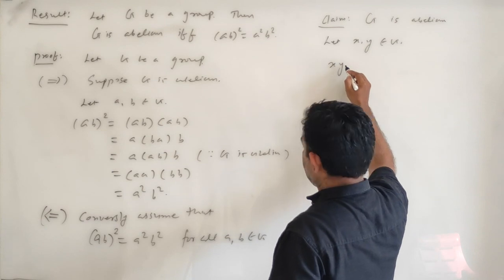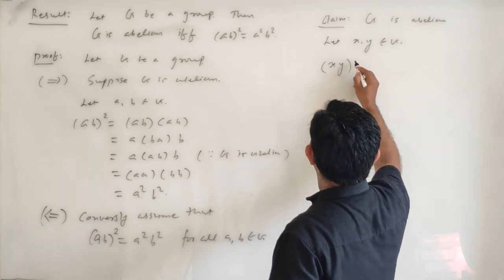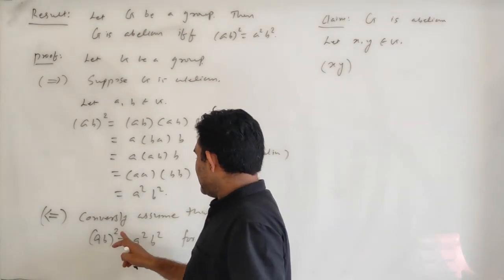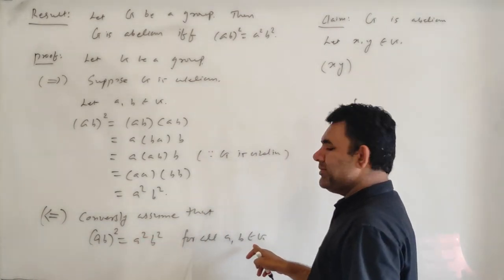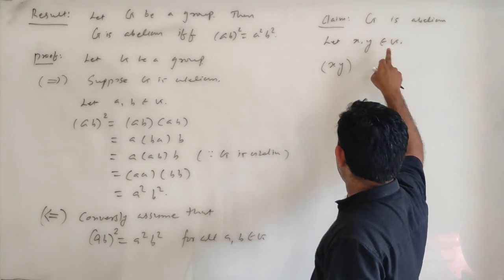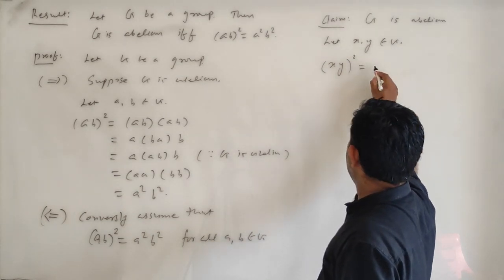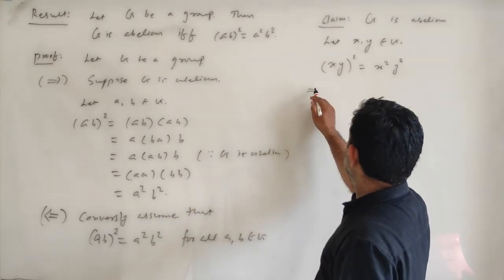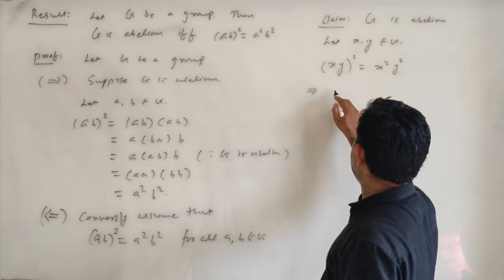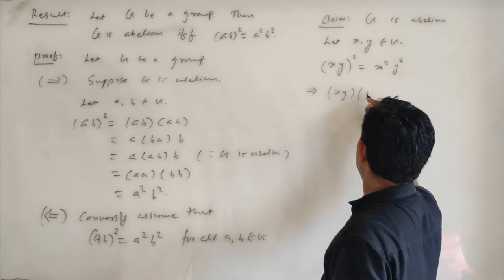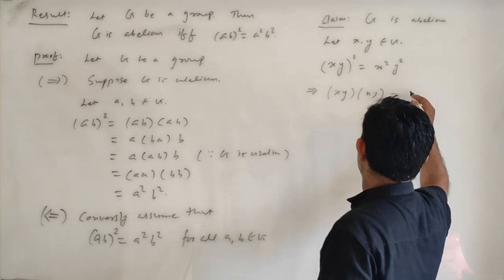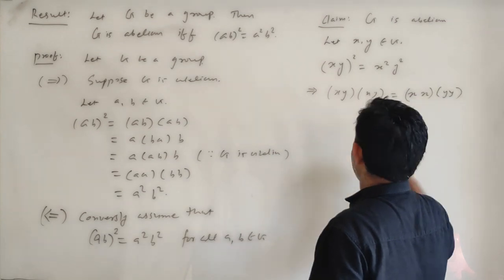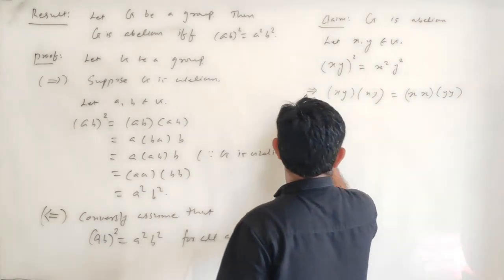So by assumption, what I have assumed, (ab)^2 is equal to a^2 b^2 for any a, b belonging to G. So I have x, y in G. So (xy)^2 will be what? x^2 y^2. This (xy)^2 I can write as xy into xy, and this x^2 y^2 can be written as xx yy.